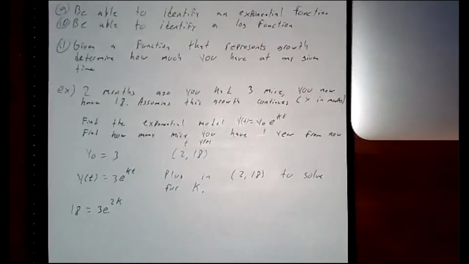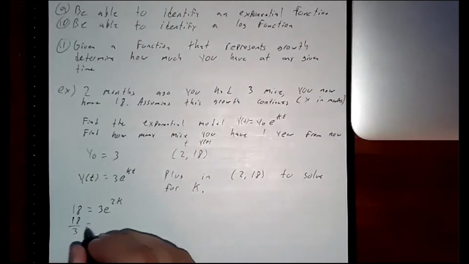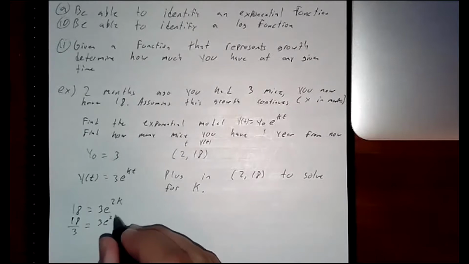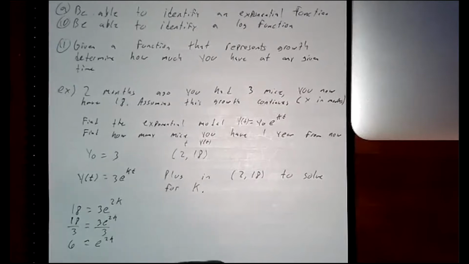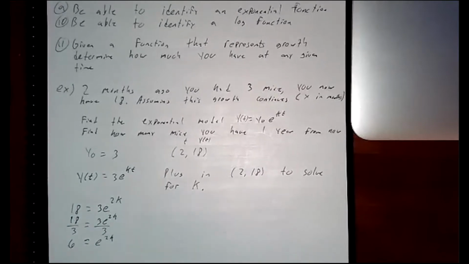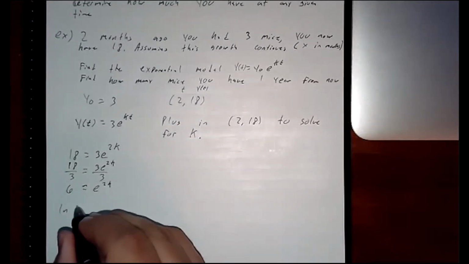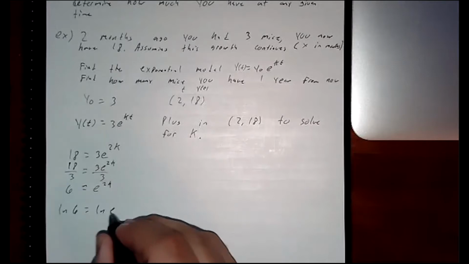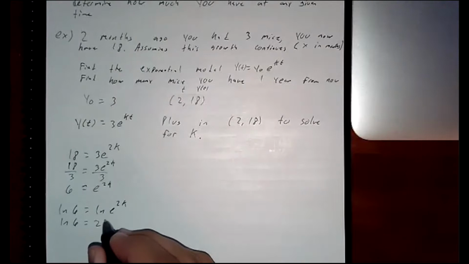Okay. So now we'll solve for k. So divide both sides by 3. Let's go ahead and show the step, right? That gets us to here. Once we get here, we can use ln to cancel the e. So ln of both sides will give me 2k.